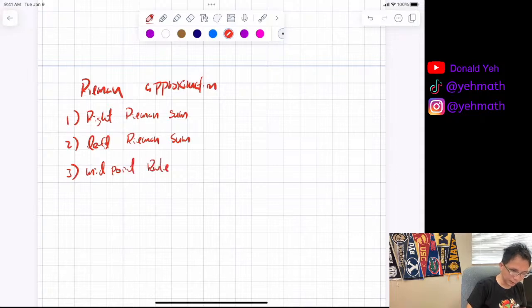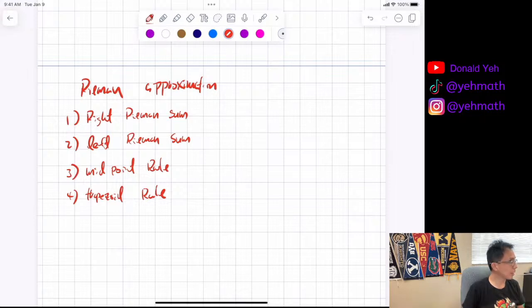Fourth, the trapezoid rule. Now, of these 4 approximations, the most accurate one, I always go with trapezoid because I feel like trapezoid works out the kinks of the other ones. But we're going to show you the drawing.